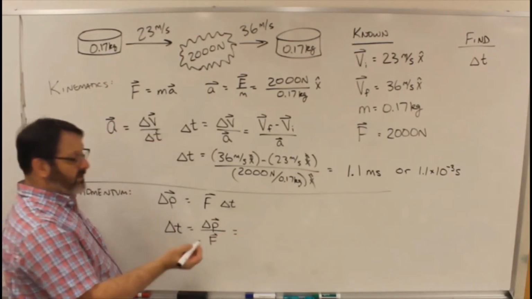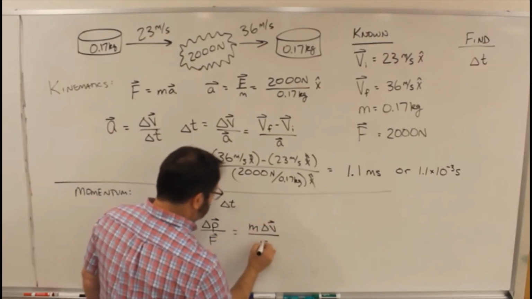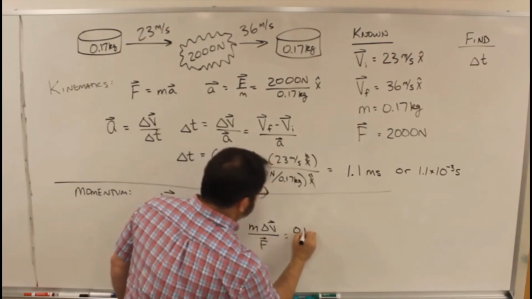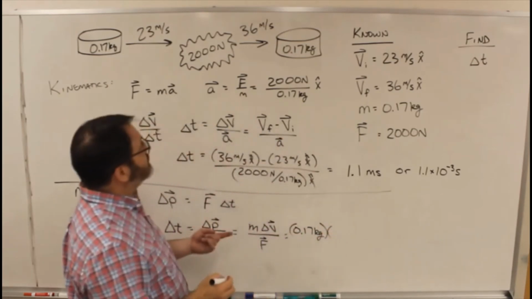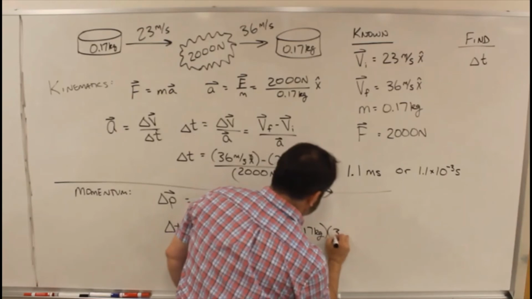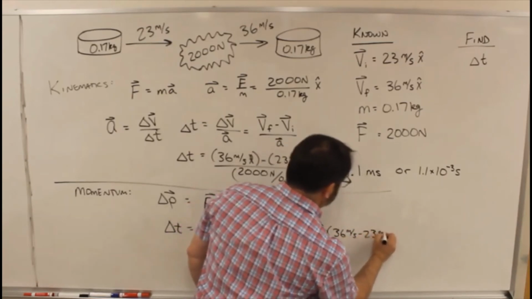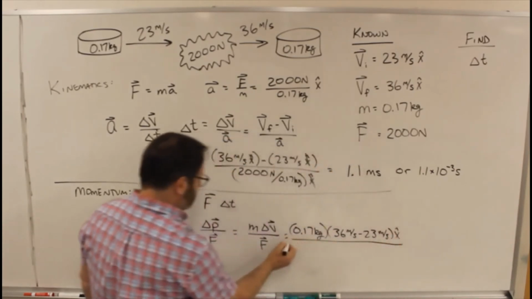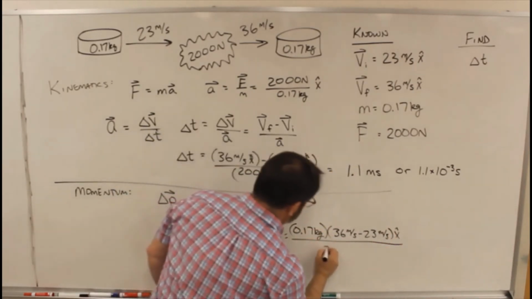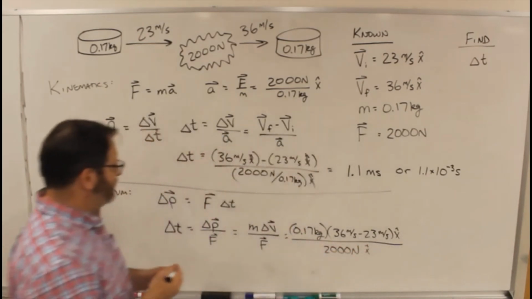Change in momentum is mass times the change in velocity, over the force. So 0.17 kg times the change in velocity, that's the final, 36 meters per second minus 23 meters per second, the initial, both in the x direction, over the force, 2,000 newtons in the x direction.